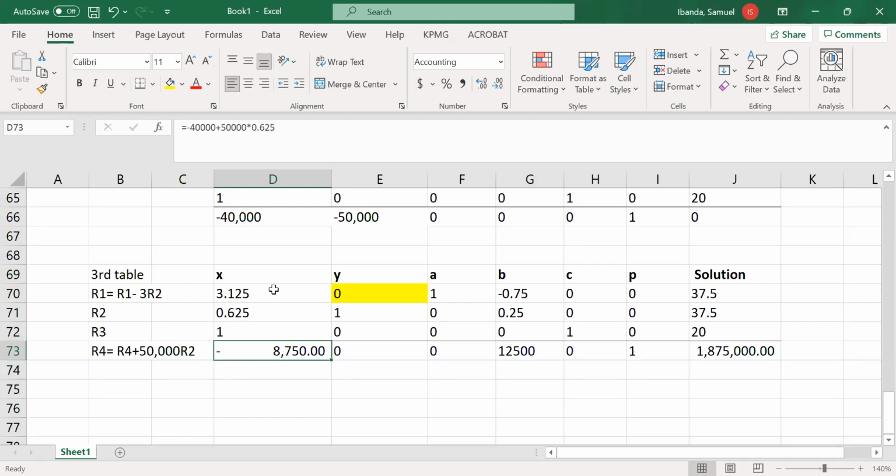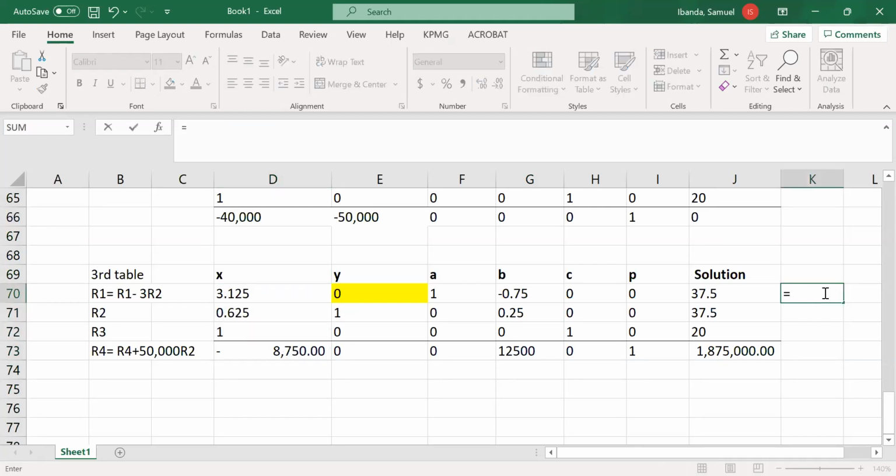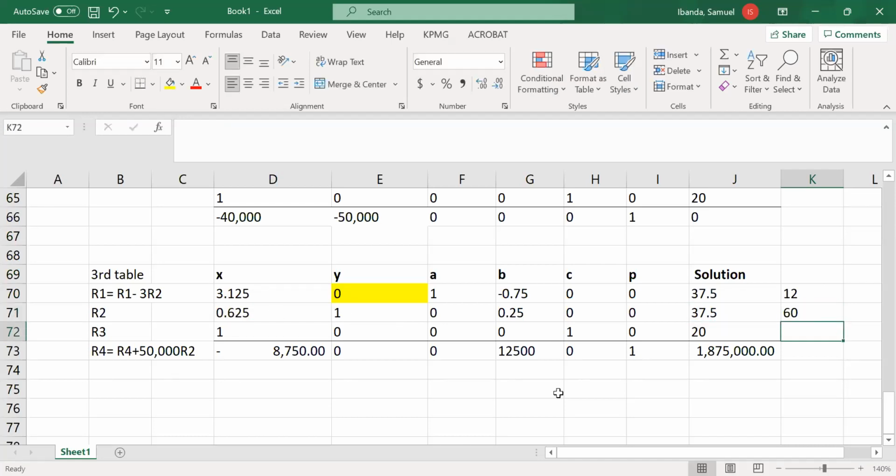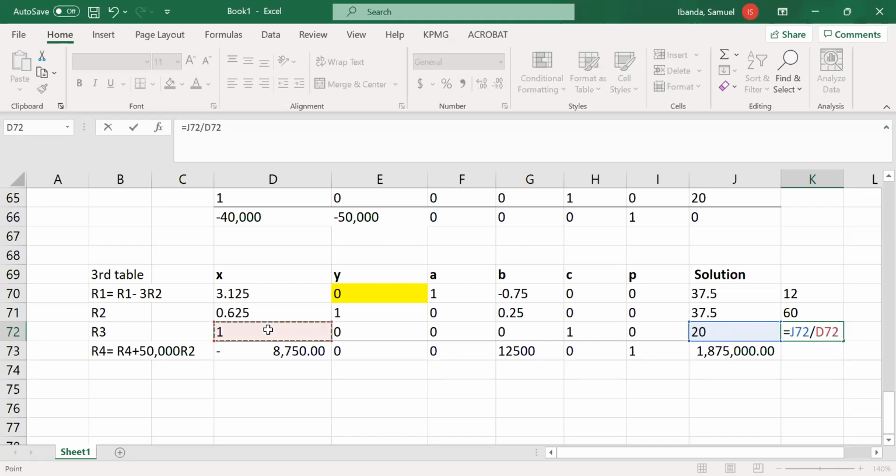After we've gotten our pivot column, we are going to divide. So I'm going to divide 37 divided by 3 gives me 12. I'm going to divide this by this, gives me 60. Then I divide this by this.